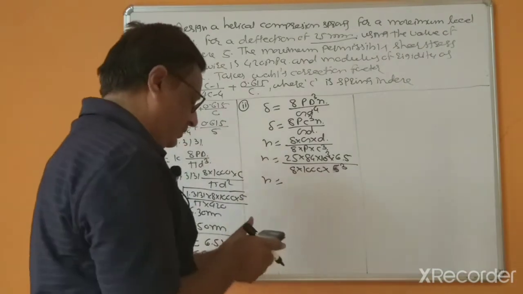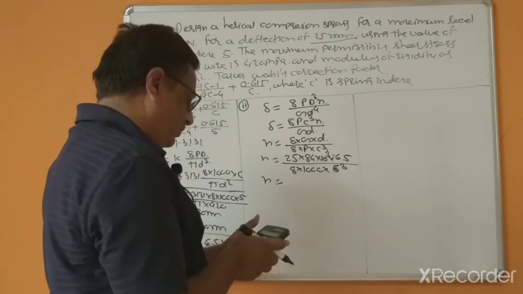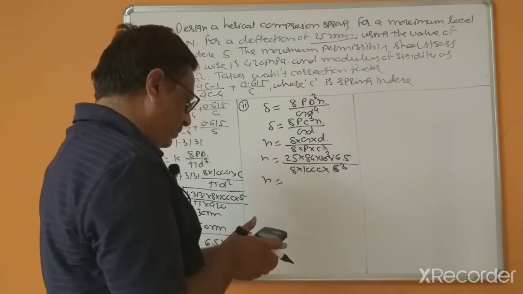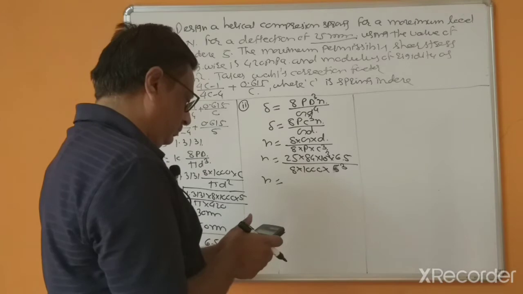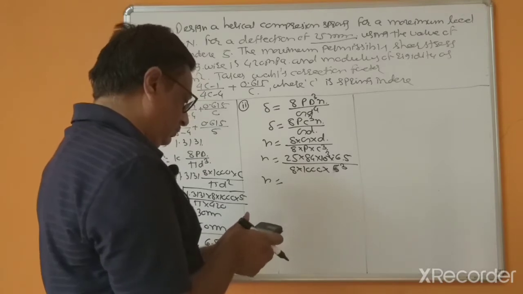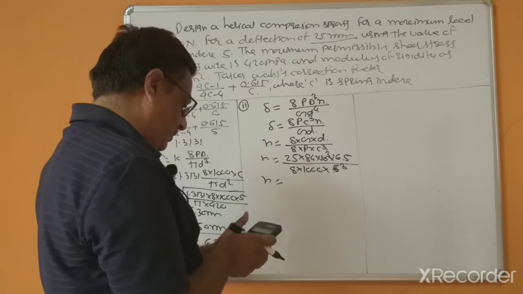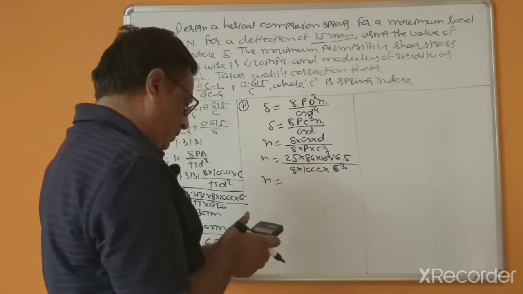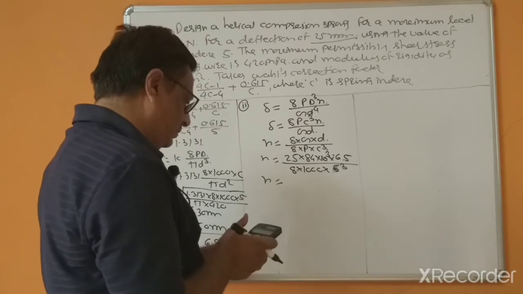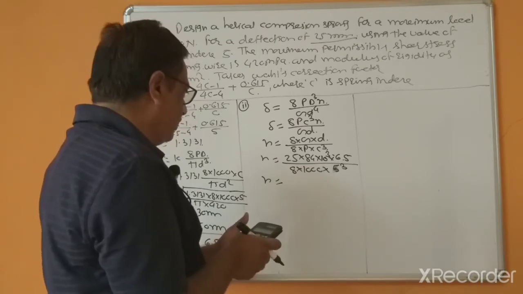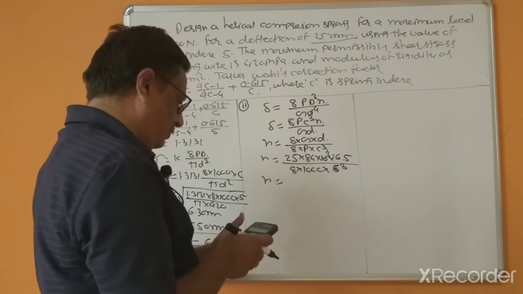N equal to 25 into 84 10 to the power 3 multiplied by 6.5 divided by 8 and divided by 1000 divided by 5 cube.